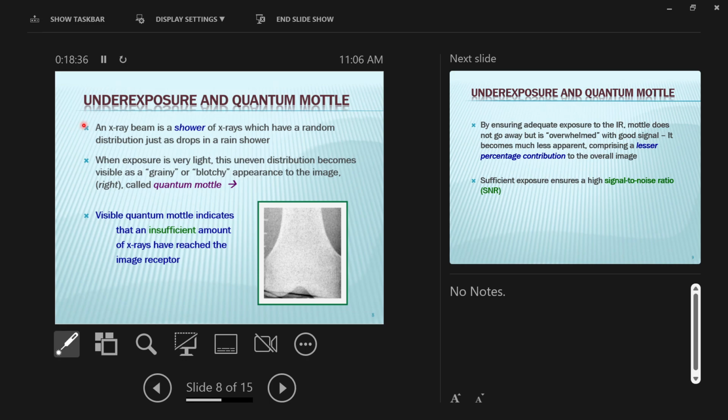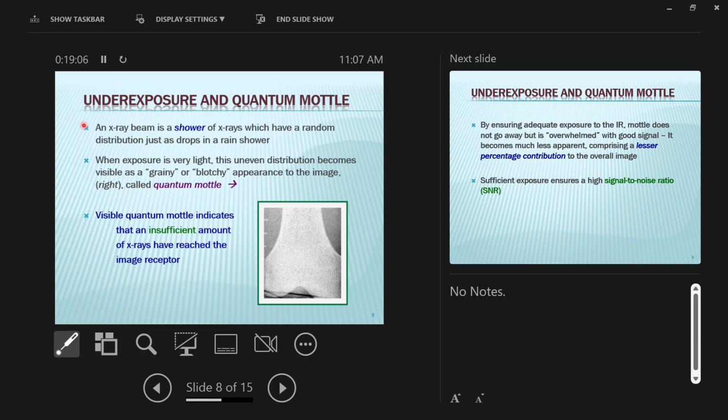The point where the sidewalk looks grainy, where you see each individual drop, is like underexposure on an X-ray. On the X-ray image, the X-rays make tiny little dark spots. When you don't use enough of the X-ray beam, enough mAs, you will have spaces between those X-ray exposure spots on the image receptor, dry spots on the sidewalk, and the image appears grainy to you.